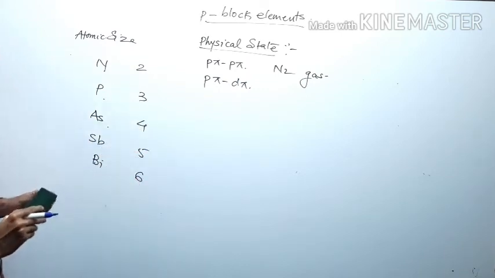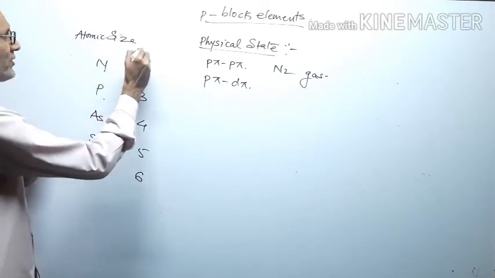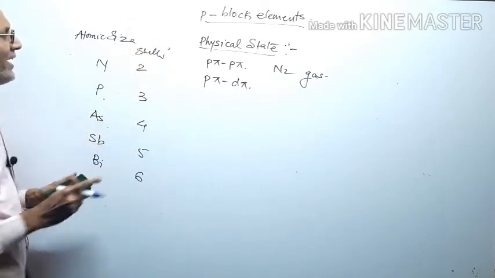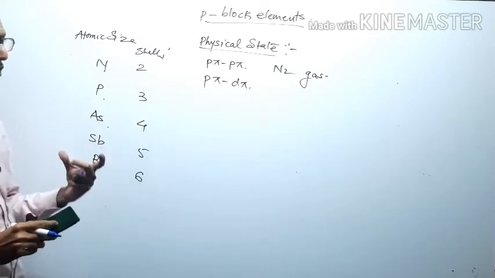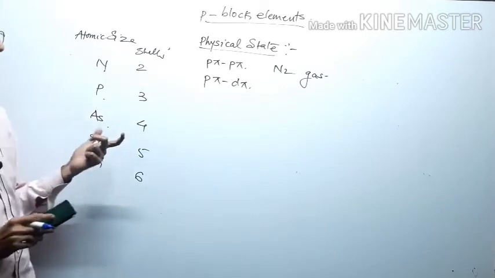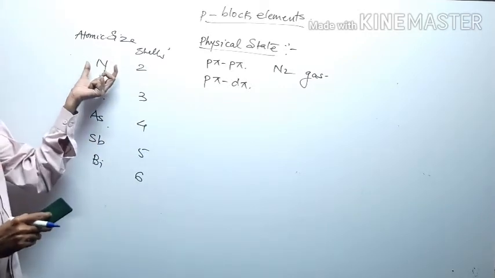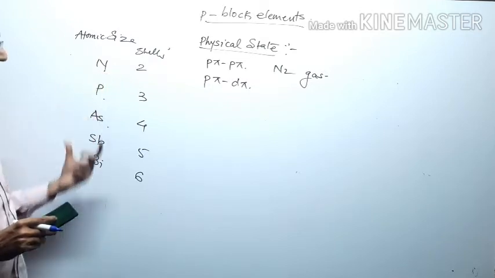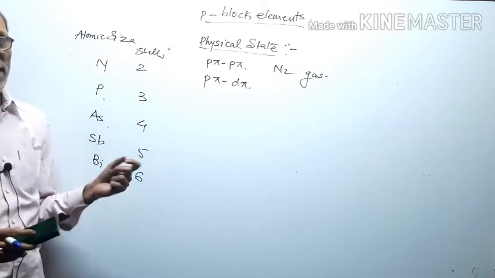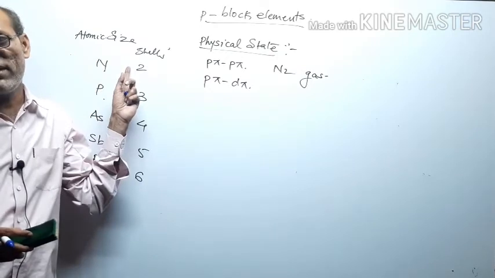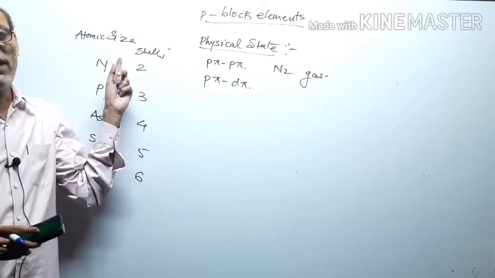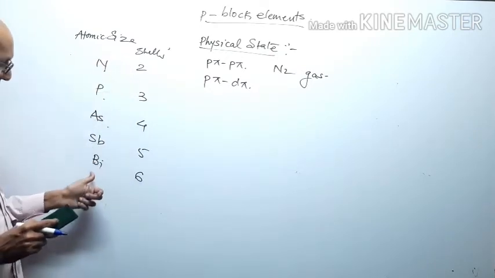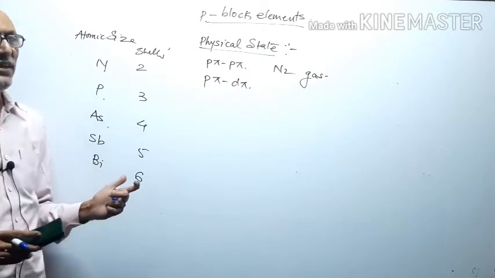As we are going downside, the number of shells is increasing, so the size of the group 15 elements on moving downside will be increasing. Nitrogen is the smallest element, that means it is very small among all these 5 elements, while bismuth is the largest one.